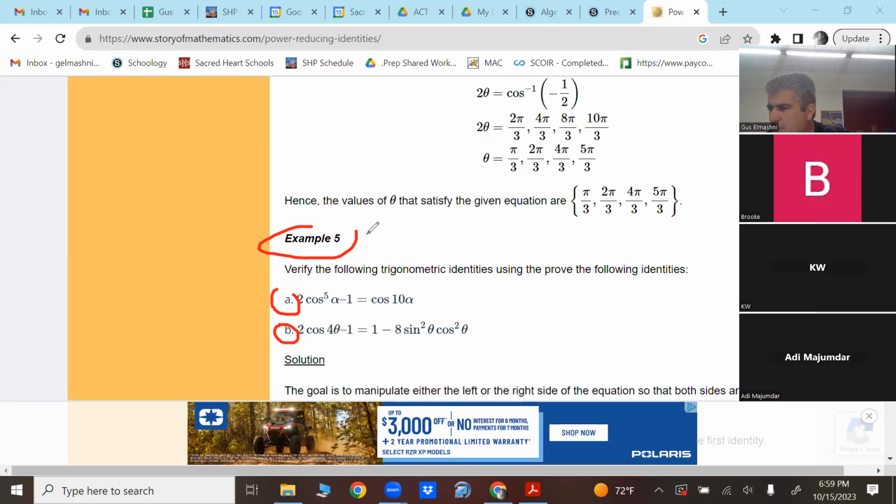Actually, no, let's not do it. Let's not do A. Let's do B instead. Yeah, let's do B instead. I think B is more appropriate. And for B, probably best to work on the right side.